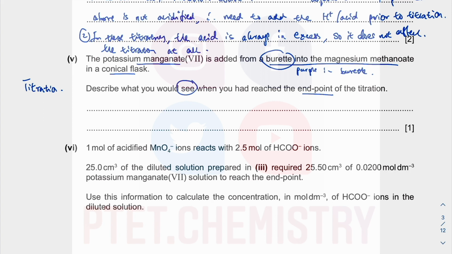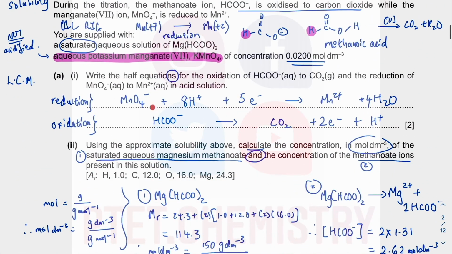So the moment you drop the purple KMnO4 into here, the KMnO4 would have oxidized the methanoate, and the KMnO4 would have gone to this Mn2+, which is colorless or very, very pale pink. That's why it looks colorless. Inside your conical flask, it will be colorless, because as soon as this comes into this, it forms this, so it will be colorless.